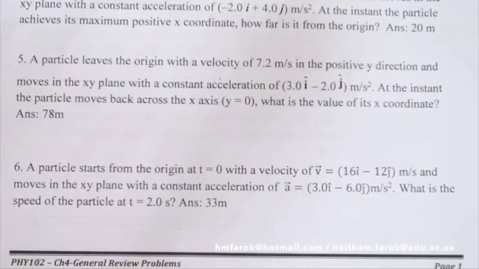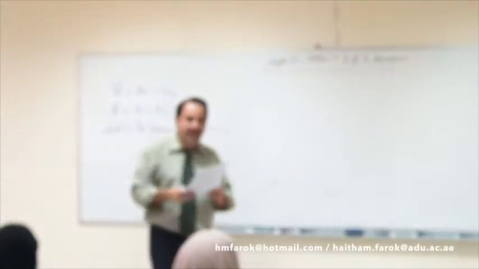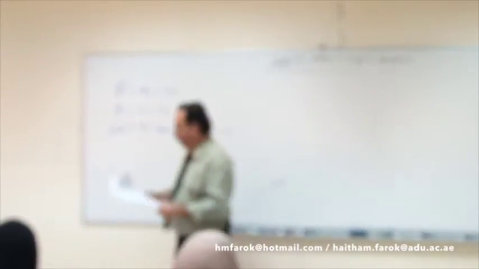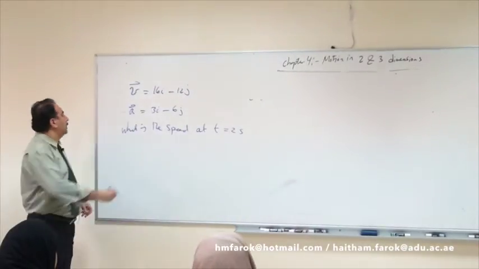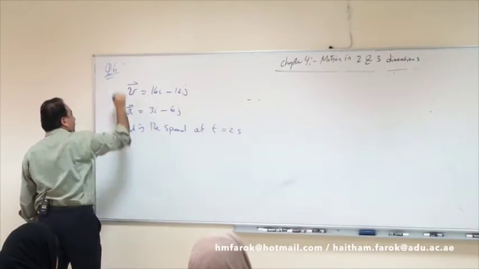A is 3I minus 6J. The question is this: what is the speed at t equal 2 seconds? This is question number 6 in the review problems.